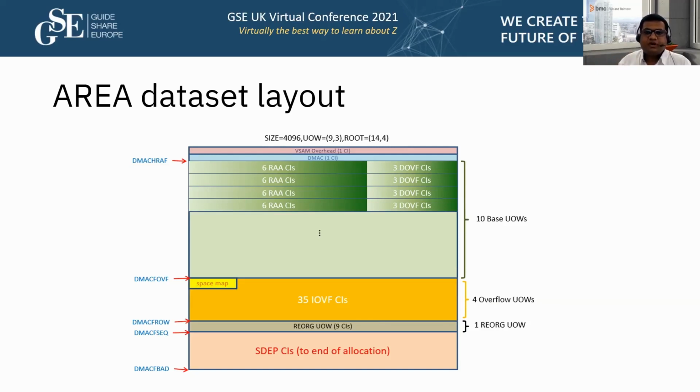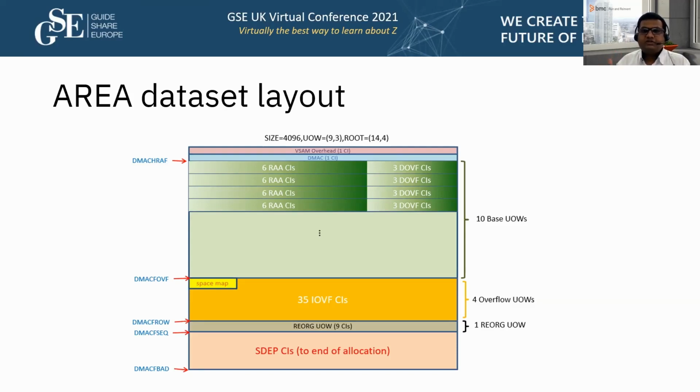These are different pointers stored in DMAC which signify that from this particular physical RBA, this section is going to start. If you look at the root parameter, which is 14,4, it signifies that out of these 14, 4 will be your overflow UOWs, which will be part of your IOVF, and 10 will be your base UOWs.